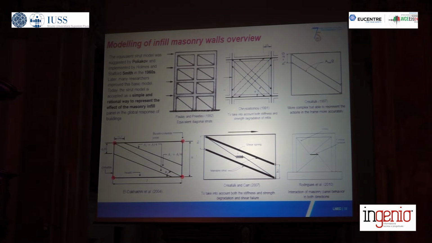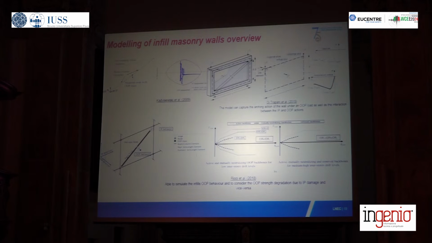So for this type of macro models with single or double or triple struts, there have been different proposals throughout the years. Ever since the 60s, and it's still a very active field. And more recently, there have been a number of proposals which are looking into the out-of-plane response and not just the contribution to the in-plane response.